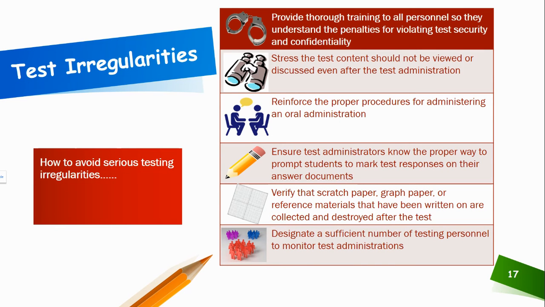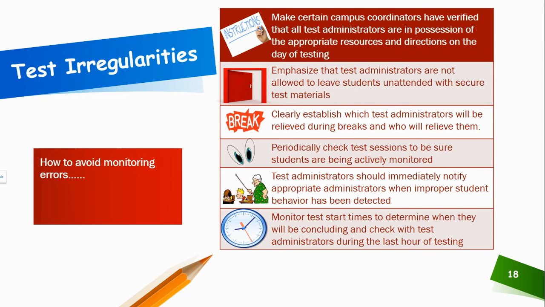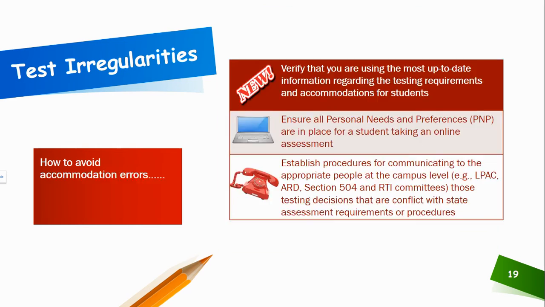Please take a moment to review the ways to avoid serious testing irregularities. Please review several ways to avoid monitoring errors. Please review a few ways to avoid accommodation errors.